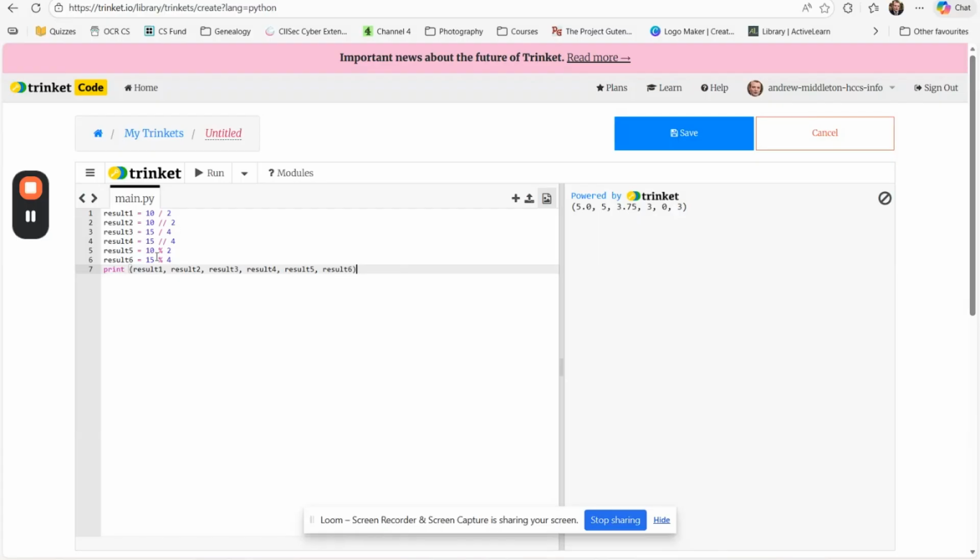And then the percentage tells you what the remainder is. So 10 divided by 2 doesn't have a remainder, so it gives us 0. Whereas 15 divided by 4 is 3, but 4 times 3 is 12, so the remainder is 3.